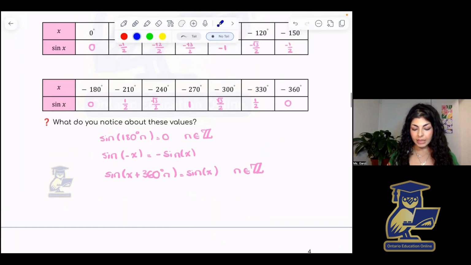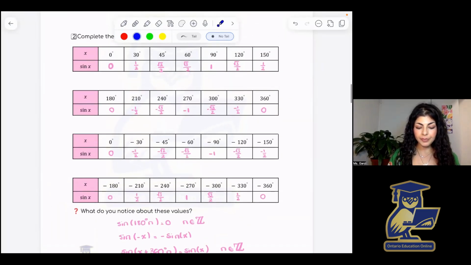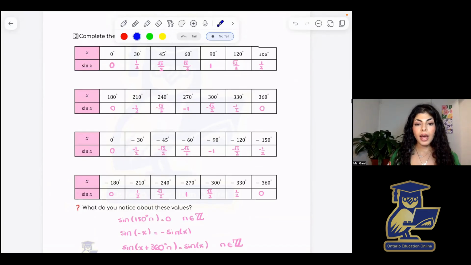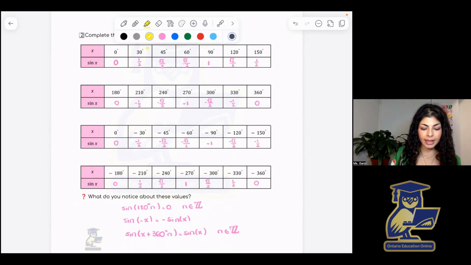So to see this, consider a sine of 30 degrees. And if I have n as -1, then 30 degrees plus negative 360 degrees is going to be negative 330 degrees. And that's precisely what I see here, that this value is equal to this value.